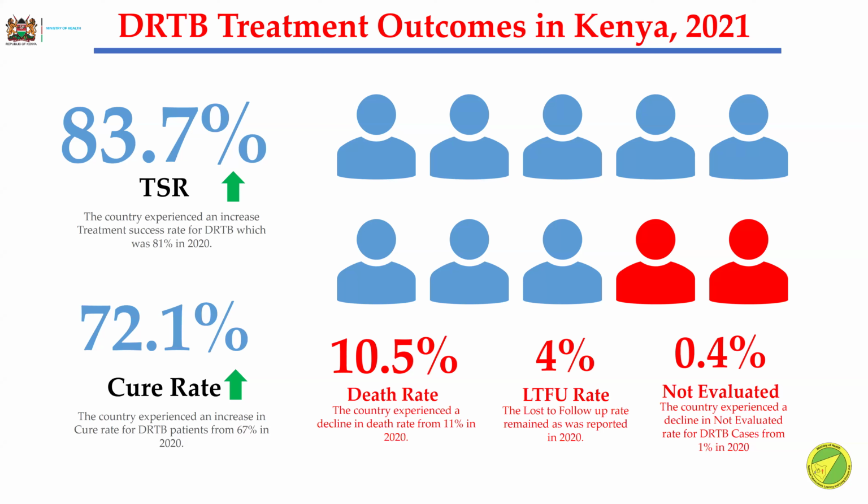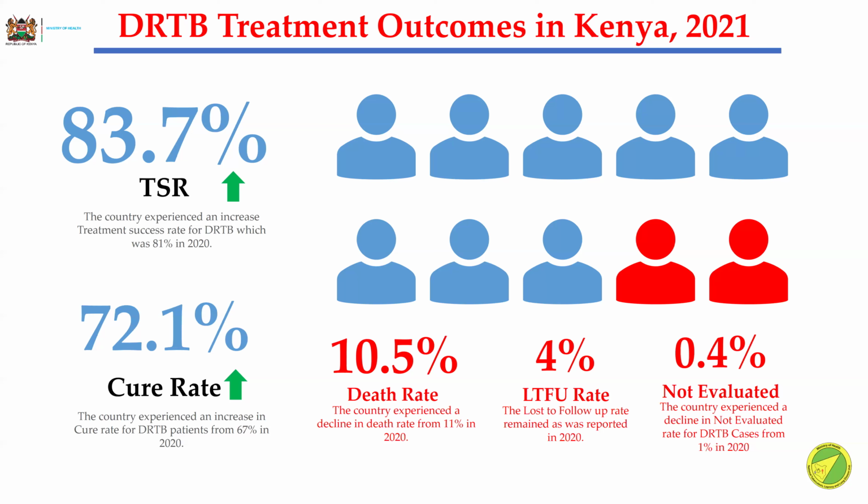And then now the loss to follow-up is 4% for the drug-resistant TB, which is a high notification for loss to follow-up. So we don't know where these patients go to, but by then we knew that most of the patients who were treated for drug-resistant TB were people who are migrating from Somalia, so they came easily and maybe they left for the country.